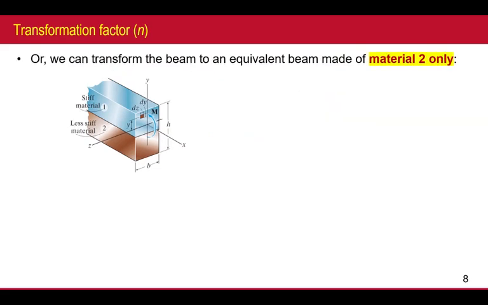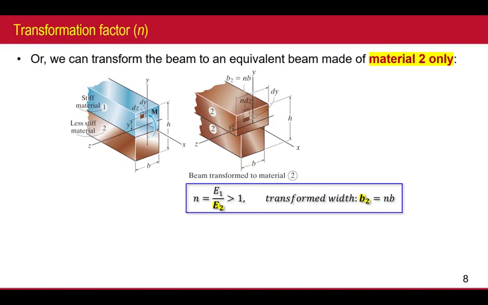Okay, we can also have another case. Because there are two materials, I can also transform from material 1 to material 2. That means from the stiffer material to the less stiff material. For example, here, stiff 1, less stiff 2. So we transform material 1 into material 2. Clear? So of course, you see n is equal to E1 over E2.